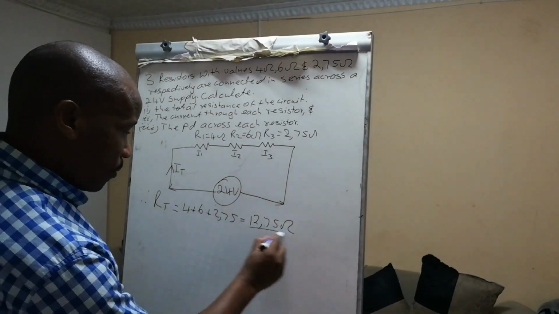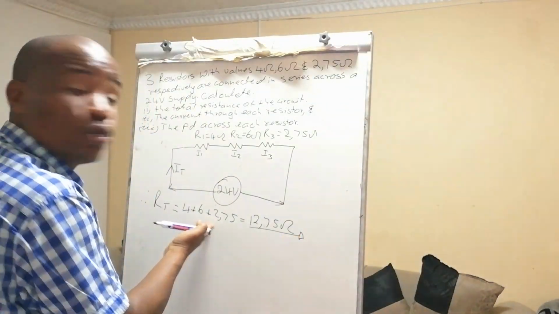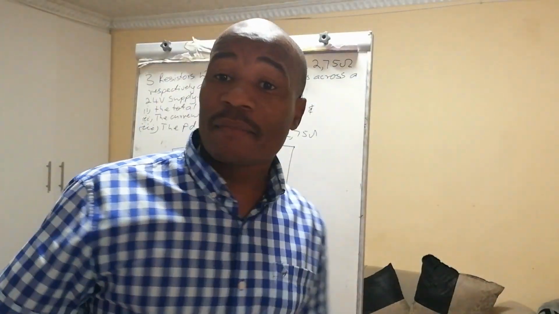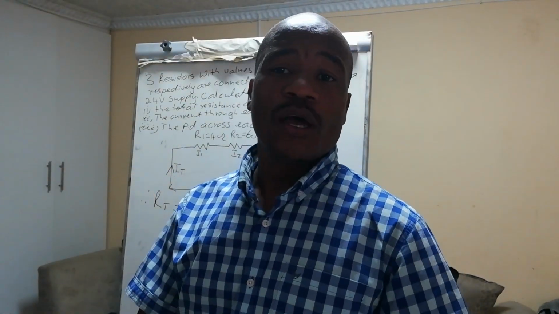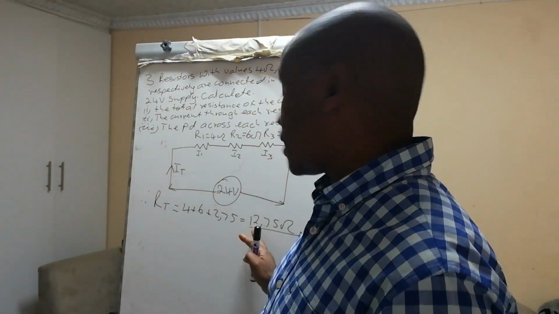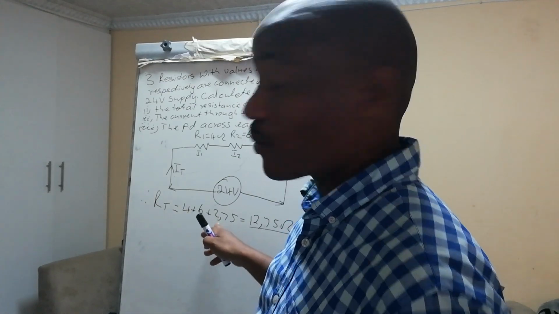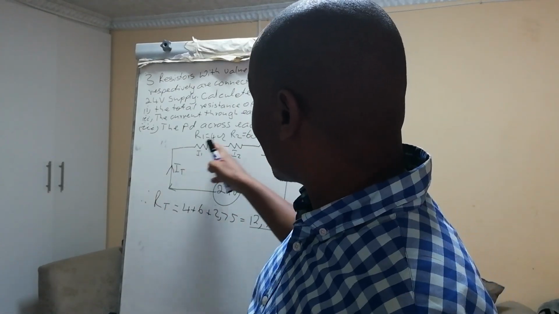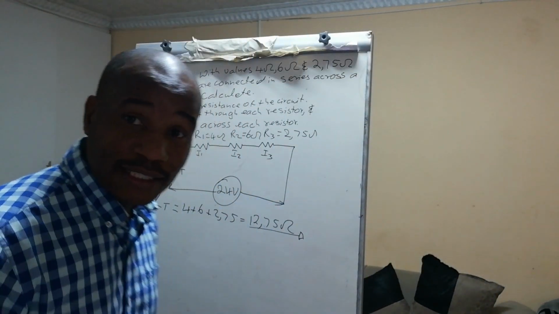Now, this is 1 or 2 marks, but we are expecting you to know this. Someone argued that you should not always start with difficult problems, but start with the easiest and explain the principle. We're expecting you to know this, but not if you don't know the principle. It says in a series circuit, you add the resistances to get the total resistance.